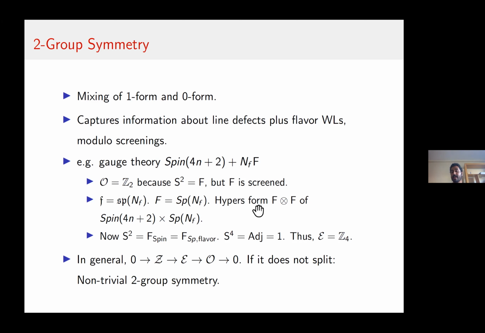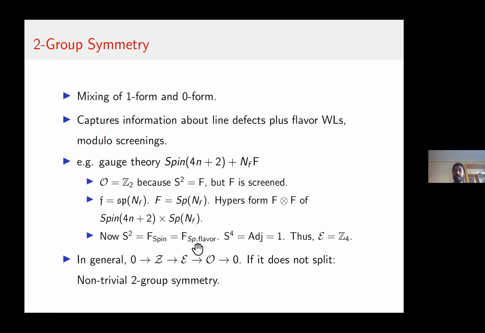And now the hypers that we use for screening are actually in the bifundamental of Spin times Sp. So when we looked at the screening, we were a little bit hasty. We should have said that S squared is the fundamental of the Spin gauge group, but that by screening is actually not trivial, but actually equal to the fundamental Wilson line for this Sp(NF).